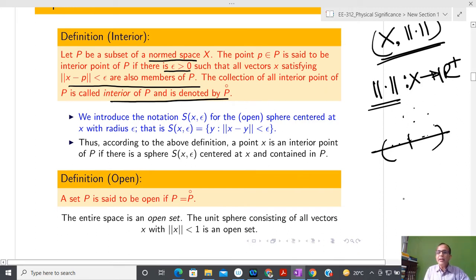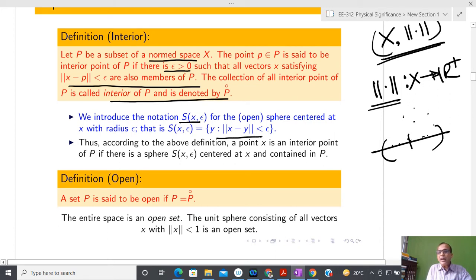Okay, now here please be careful, a ball may be some kind of line, maybe a point, maybe a sphere, maybe a circle. It depends on the shape. So ball is a very general notion. Okay, so we have defined the ball, and here x is the center and epsilon is the radius.